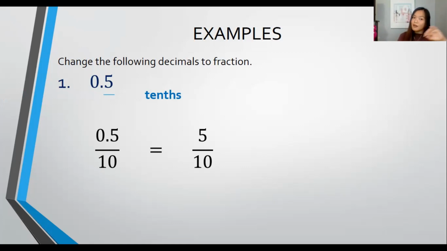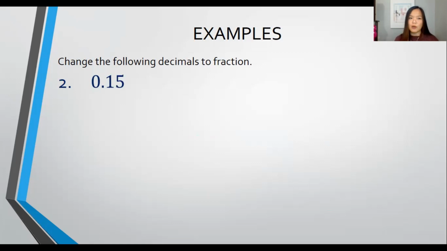Disregard the decimal point. So, simplifying that, using their GCF, divide by the GCF of them, which is 5, and I got 1/2. Therefore, 0.5 is equal to 1/2.